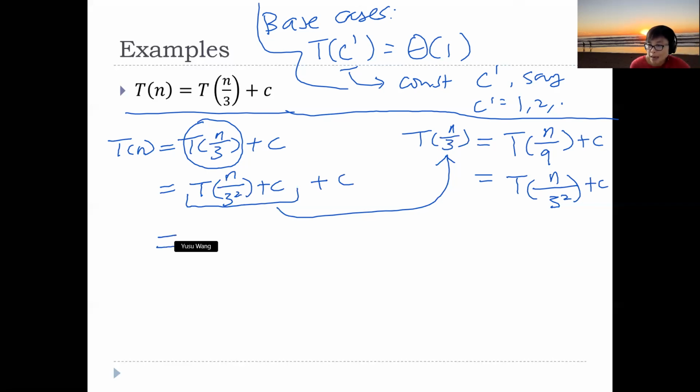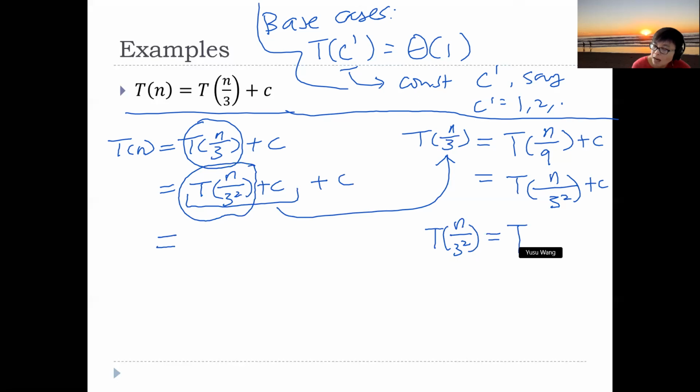Now we do it again. We say that we don't like this, let's see what we can do. Well, we know how to use this recurrence relation to make this even smaller. In particular, we know that T of n over 3 squared equals, for whatever the size here, I divide by yet another factor of 3.